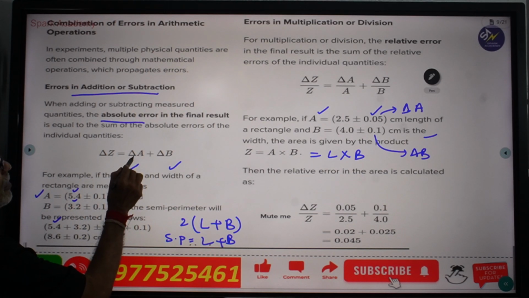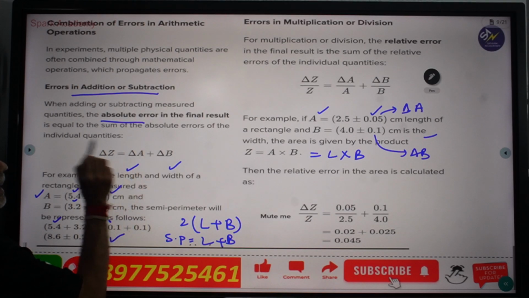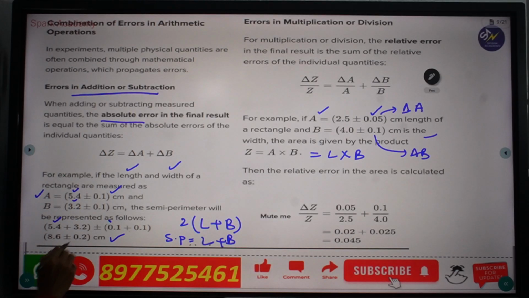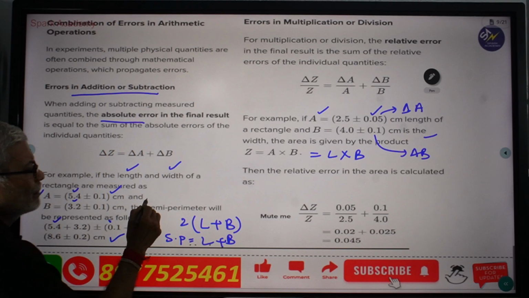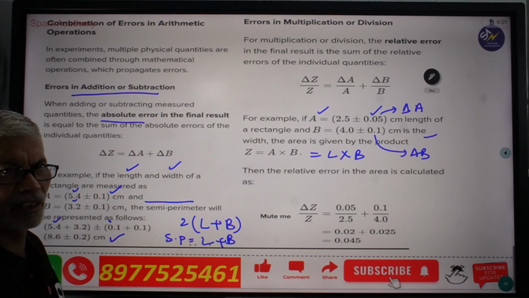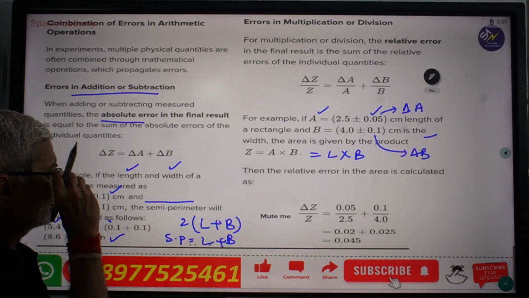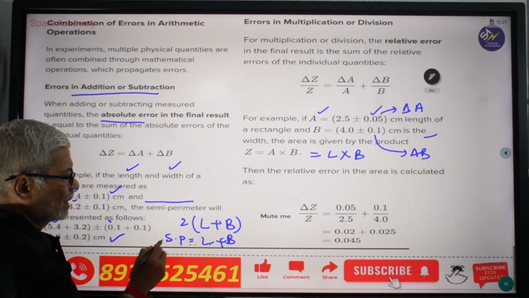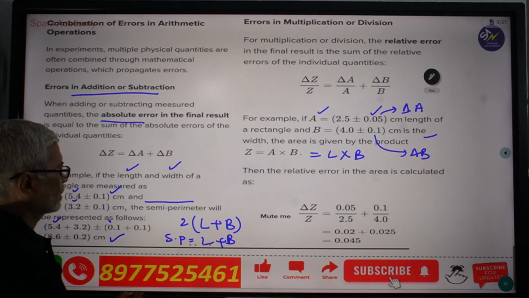The total error is the error in A plus the error in B. For example, if the length and width of a rectangle are measured, A stands for length and B stands for breadth. They are asking for the semi-perimeter. What is the perimeter? The sum of all sides. For a rectangle, the perimeter formula is 2 into L plus B. Semi-perimeter will be just length plus breadth.